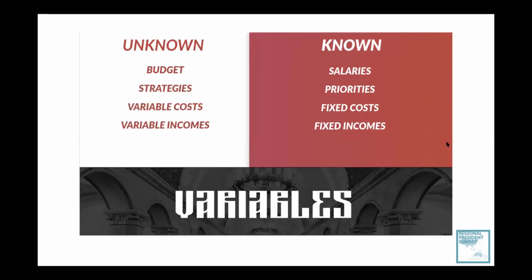If you remember this also from IPM, we were working with known and unknown variables. The unknown variables back then, in February, were budget and strategies, which are also not there because they come with a plan. Then we had variable costs and variable incomes. There was also a place in the tool to map out our variable costs and variable incomes based on the amount of exchange that we're going to do. The things that were already known were salaries, priorities, fixed costs, and fixed incomes.